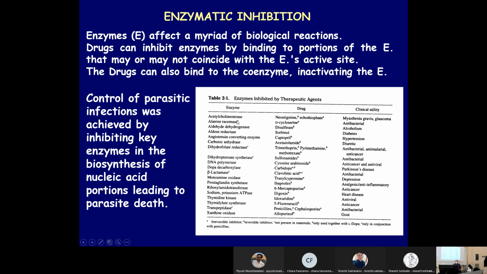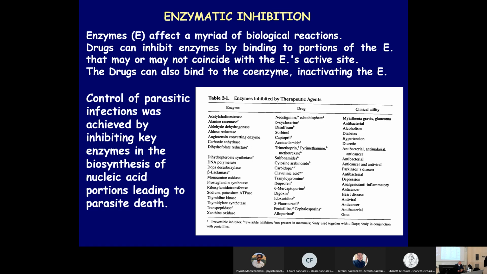One of the most famous examples is acetylcholinesterase. You know that this enzyme is present in the neuromuscular junction, and it is important for terminating the contraction of the muscles.